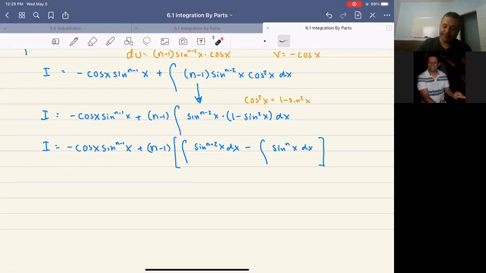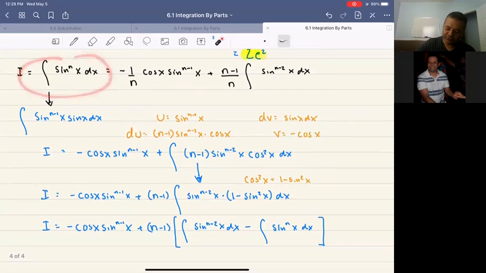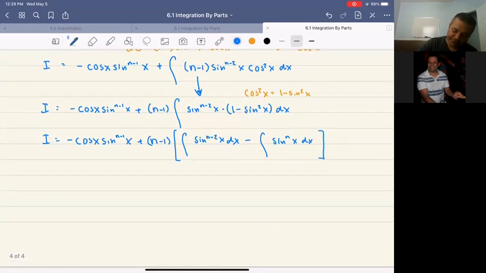But look at that. This thing is I. Nice little trick here.